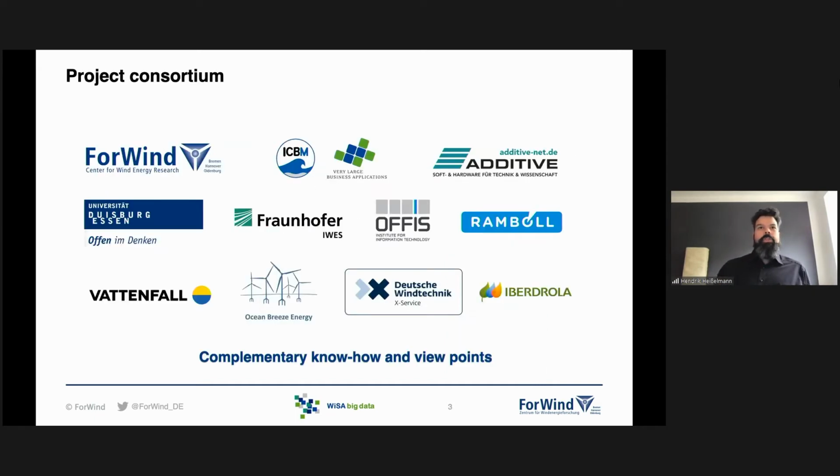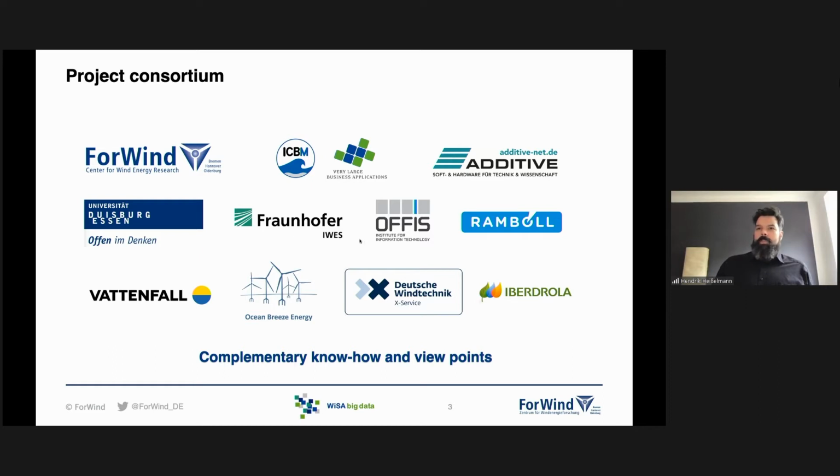So our project consortium is quite diverse. We have a couple of partners from research in here. We at SETWind are joining with some other groups of the University of Oldenburg, which are dealing with basically oceanography and IT science. We have some basic physics groups in here, but also Fraunhofer IWES, so it's also some wind-specific research here.